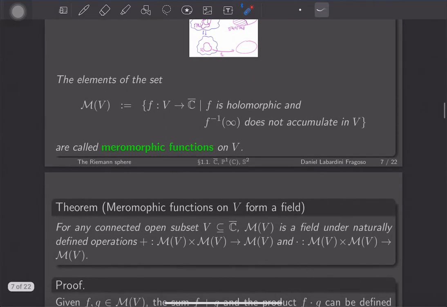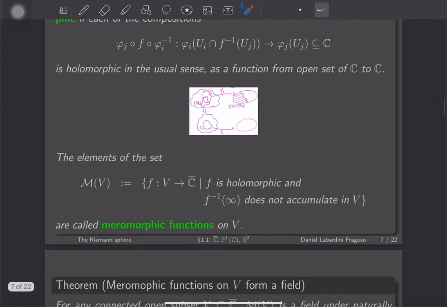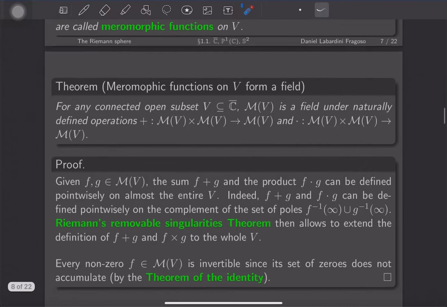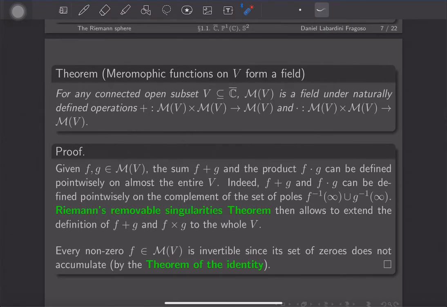Then one has the notion of what a meromorphic function is, once one has a notion of a holomorphic function. Meromorphic functions on a connected open subset of C bar turn out to form a field. I'm not going to say much about this, except that the proof follows from two very strong theorems of complex analysis: Riemann's removable singularities theorem and the identity theorem.